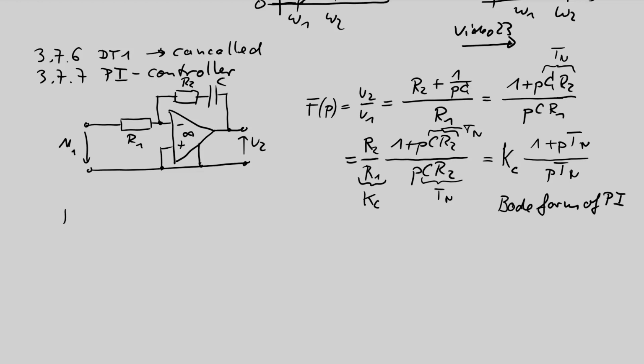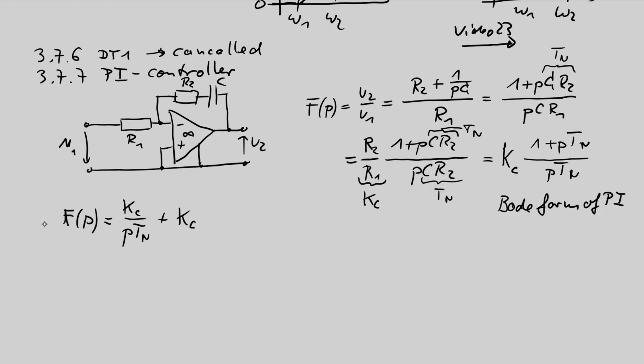Sometimes there is another typical form of the PI, which can be calculated if we now separate the numerator polynomial function. So we can say this is Kc divided by pTn, that is the integrating part, plus Kc times pTn divided by pTn, that is just Kc.